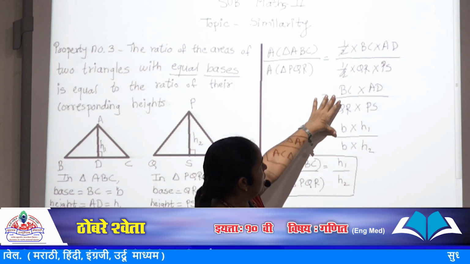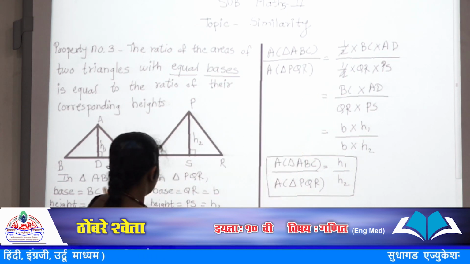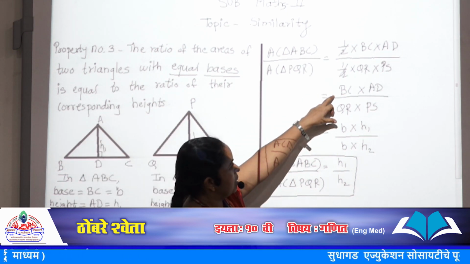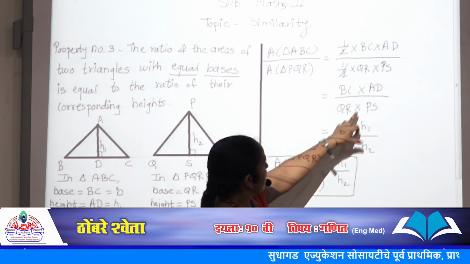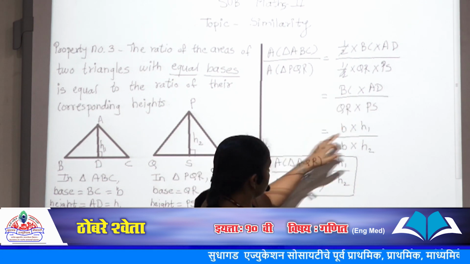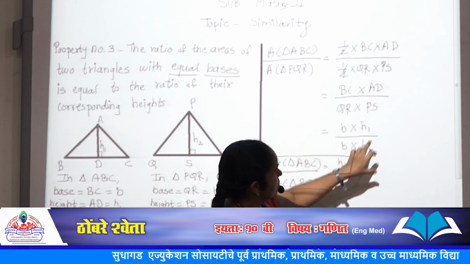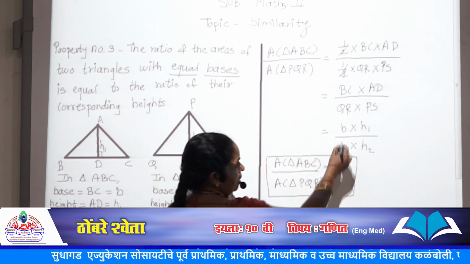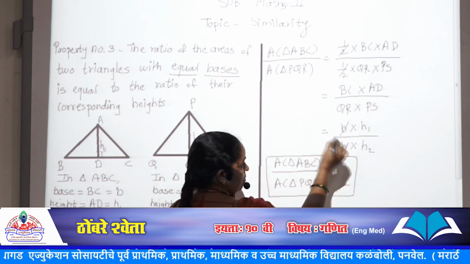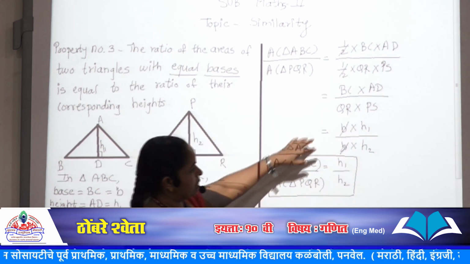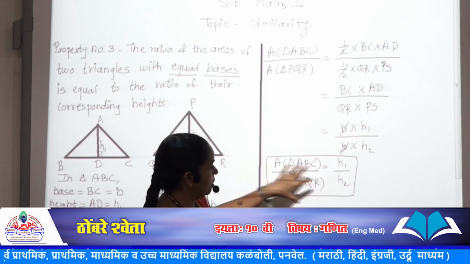Again, we replace heights and base by the respective assumptions. So here BC we can replace as B, AD we can replace as H1. Similarly QR we can replace by B, and here PS we can replace by H2. Again B, which is the same in the numerator as well as the denominator, will get cancelled. So what is remaining?